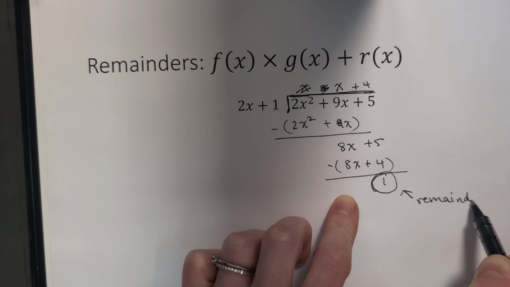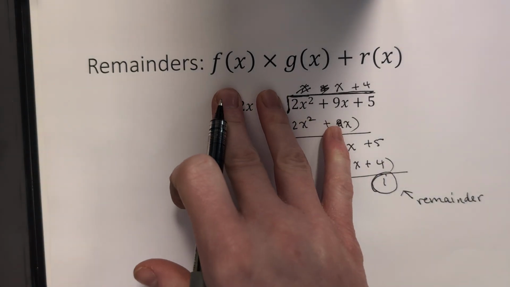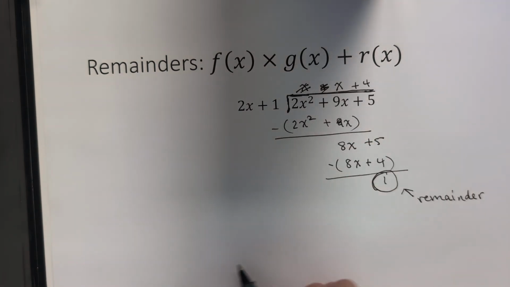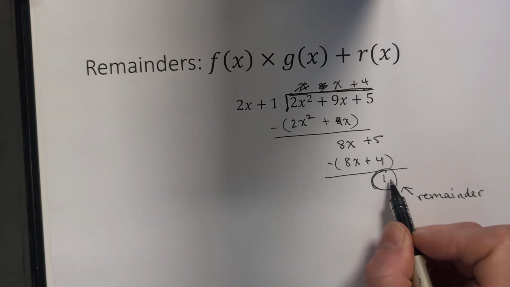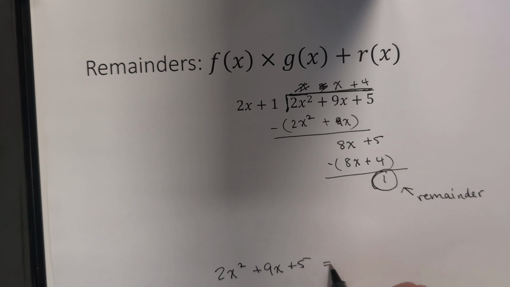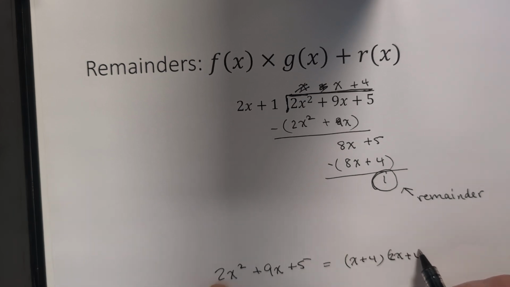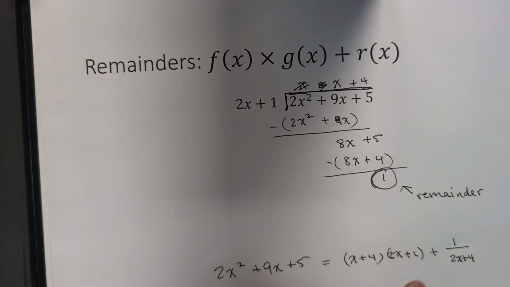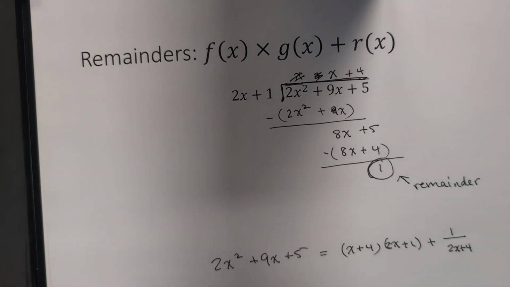And if you did write this out, again, thinking about the relationship between division and multiplication, you could say that this times this plus this remainder of 1 over 2x plus 1 is 2x squared plus 9x plus 5 equals x plus 4, 2x plus 1 plus just the 1 divided by our divisor. Okay. So same thing, we just get this remainder. Here's our quotient, and that may happen as well, and we will take a look at those too.